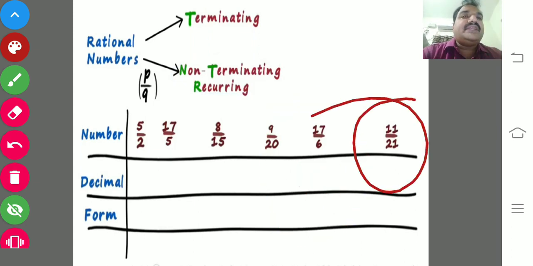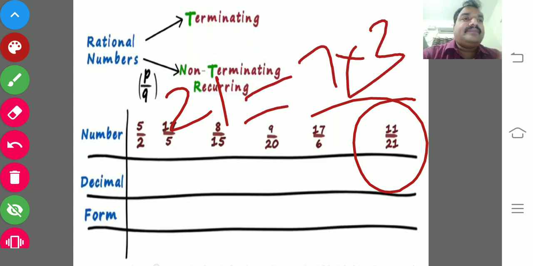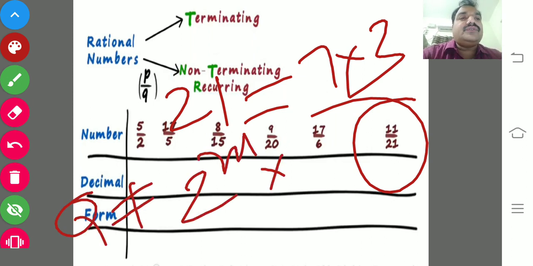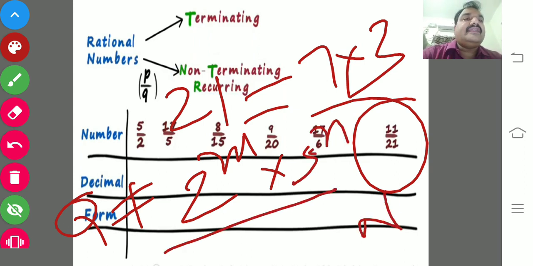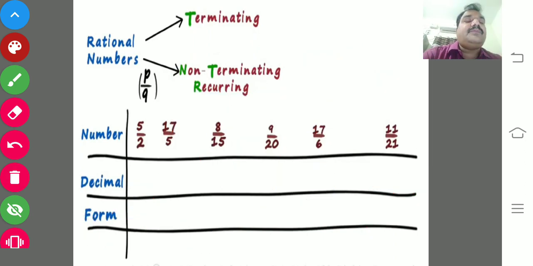Now the last one, 11 by 21. So 21, how will you write it? You can write it as 7 into 3, product of primes. So this is also the denominator q, 21, is not equal to 2 power m into 5 power n. So it's non-terminating again. Like that, without calculating, we can say with that procedure.